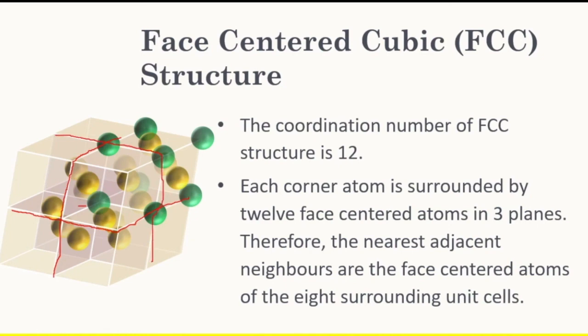So there are a total of 12 face centered atoms closest to the central atom, and that is why the coordination number for the FCC structure is 12.